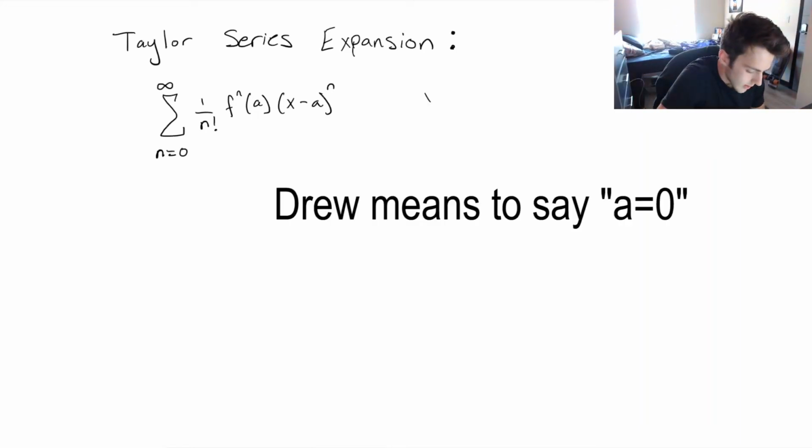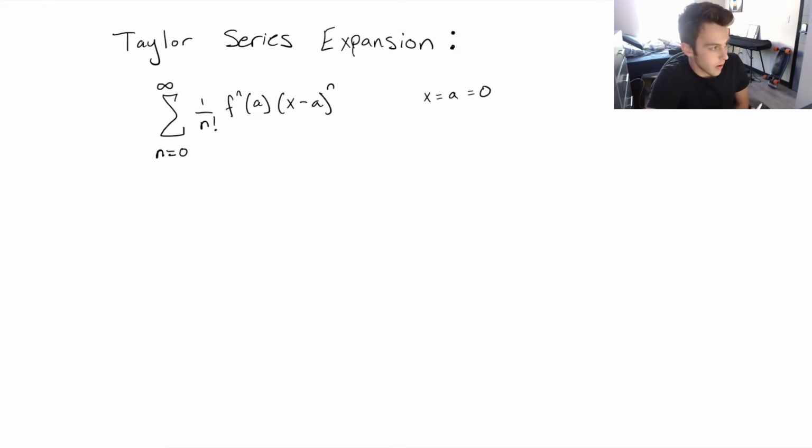This is going to be a Maclaurin series, so a is equal to 0, which means we're going to center our function at 0, and f to the n of a means the nth derivative of a.